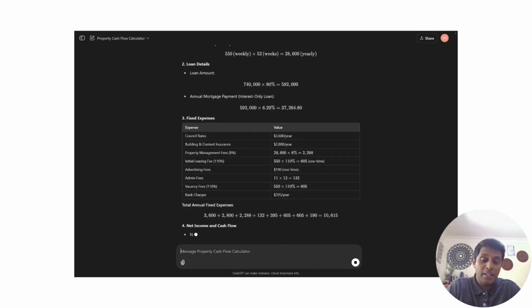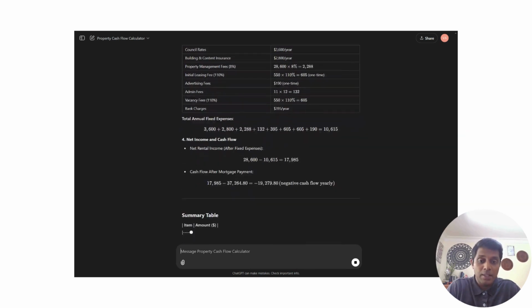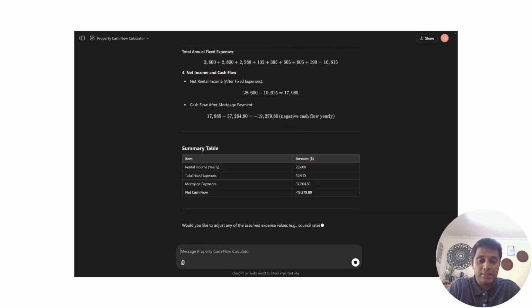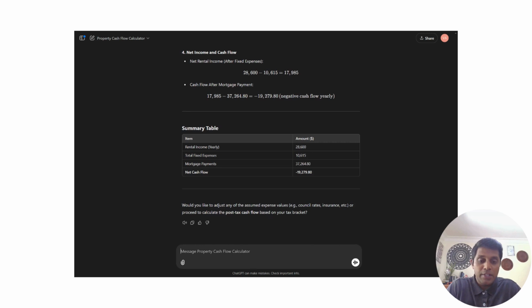It would calculate the cash flow and cash flow before tax, right? As you could see, the net cash flow is sitting around give or take $20,000 per year. We are assuming that Rani and Manny are going into this property with this kind of purchase price, most likely because it's a newly built house.